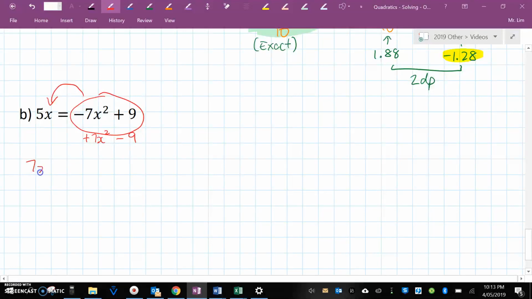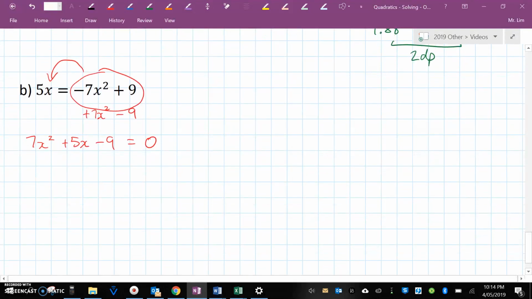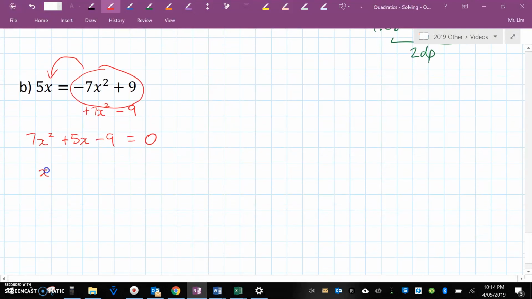So we're going to have 7x squared plus 5x minus 9 is equal to 0. Now that is in the correct form, we can use the quadratic formula. X is equal to minus b plus or minus the square root of b squared minus 4ac all over 2a.